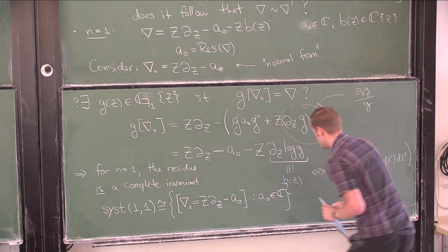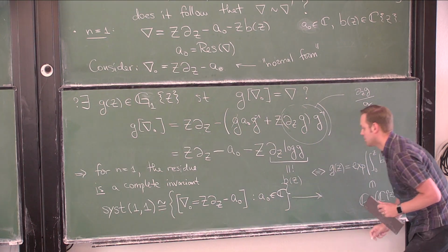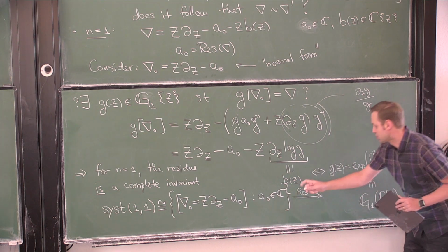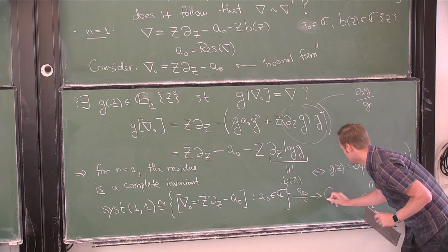And the cool thing is that, by essentially the residue map, this moduli space is isomorphic to just a copy of C.